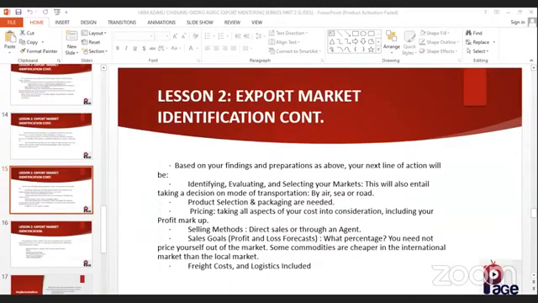So by the time you finish your calculation, if your local price is far more than the international price, it means it doesn't make sense for you to now target that market. It's either you drop that line of products or you look for a market that can accommodate your costing. You are not a charity organization. You are in this business to make money, to fend for yourself, fend for family, and then attend to some other financial needs. So you can't afford to sell at a loss.